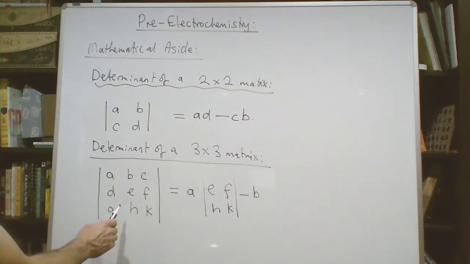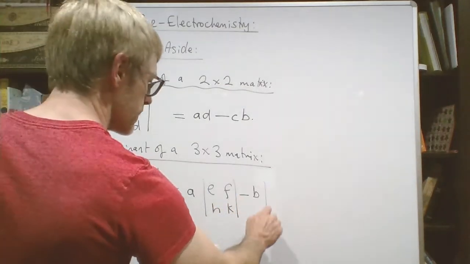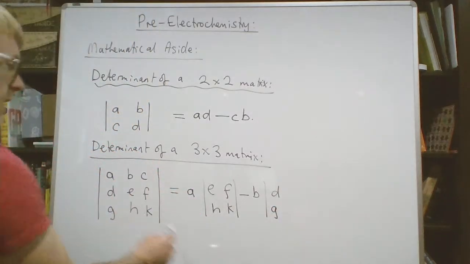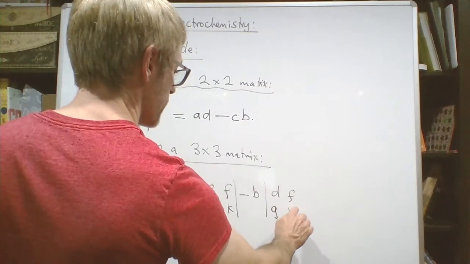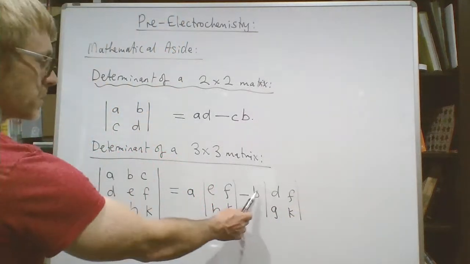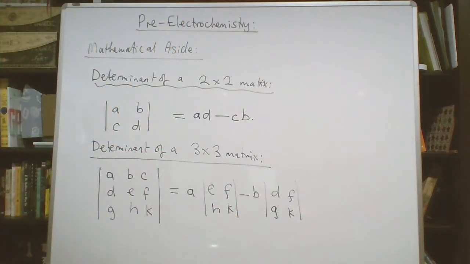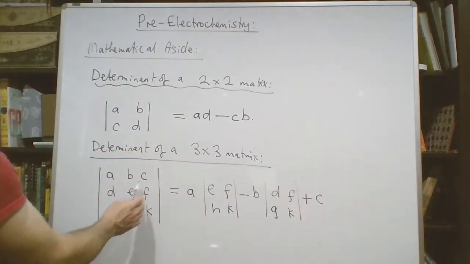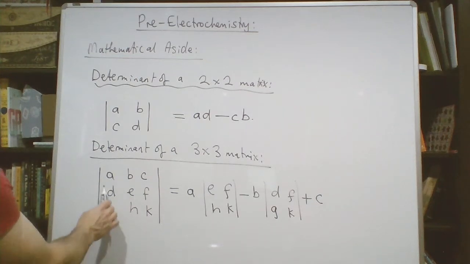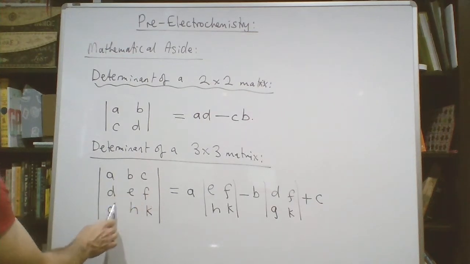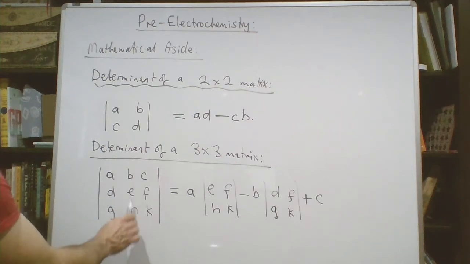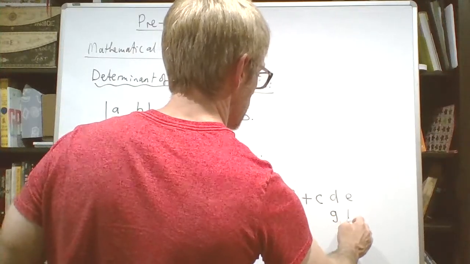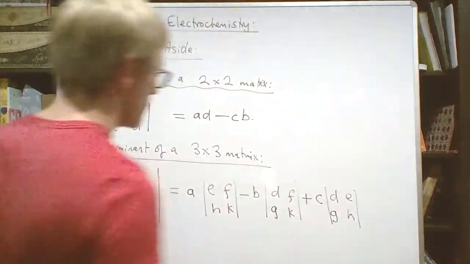So I've got D and G, and I've got F and K. Take the determinant, multiply it by B. Now I'm going to add the third column, C, and take the final 2 by 2 collection. So again, it's D, G, E, and H. And again, take the determinant.